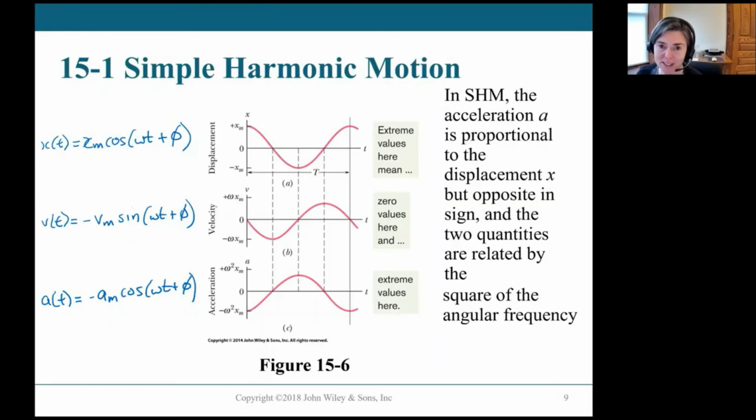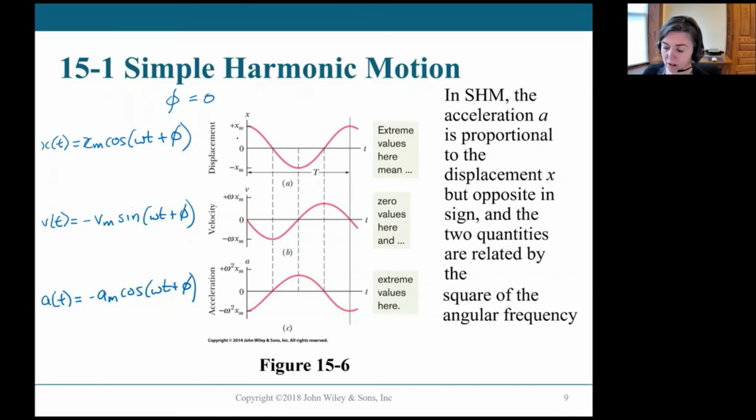On this slide, I've got plots of the displacement x, the velocity v, and the acceleration a as functions of time for a pure cosine function. So these graphs are shown for phi equals 0. Here's the displacement.